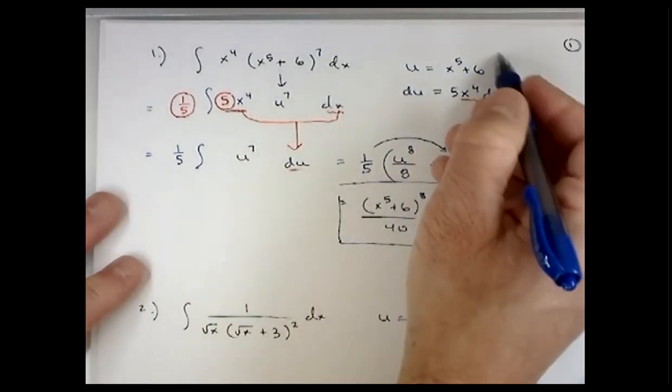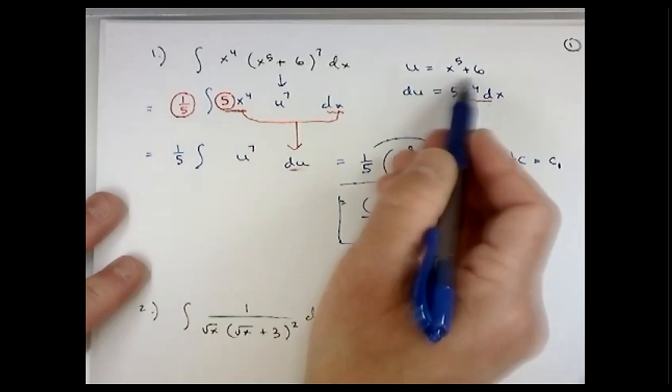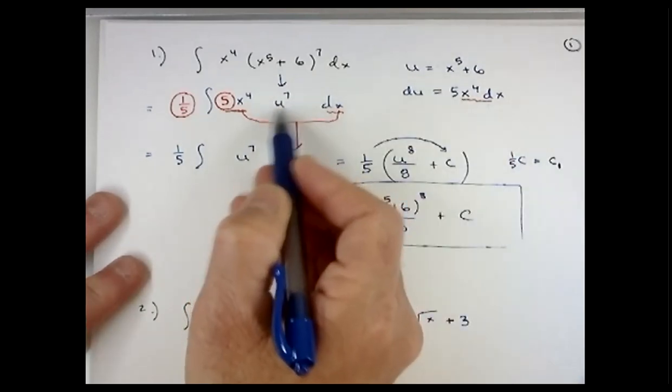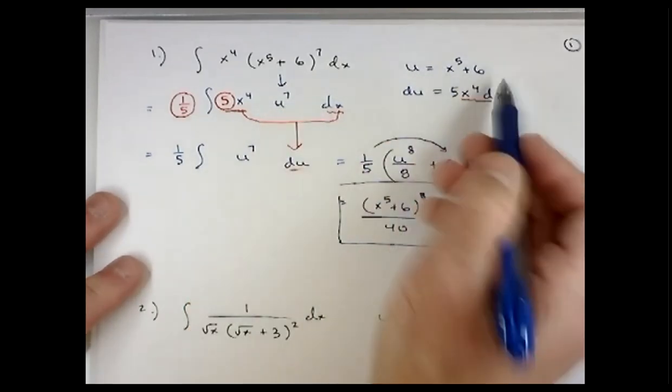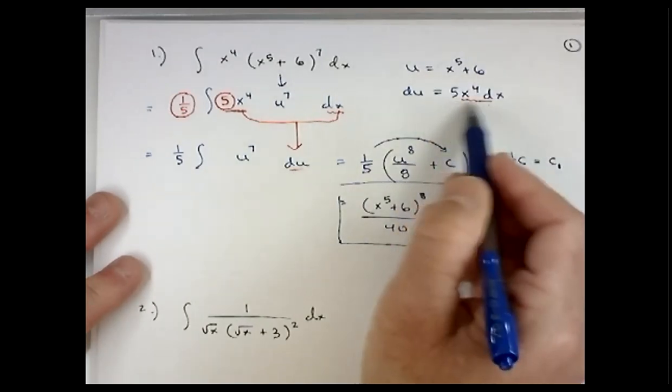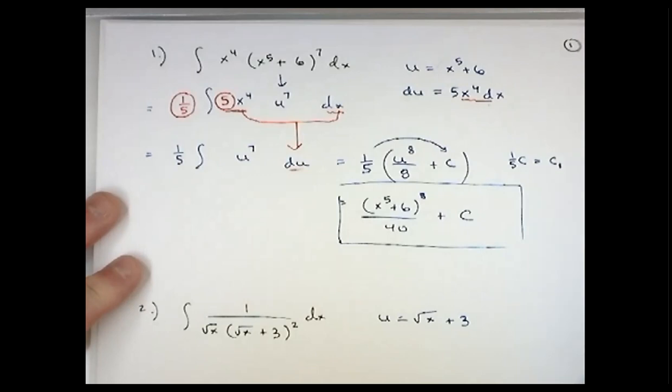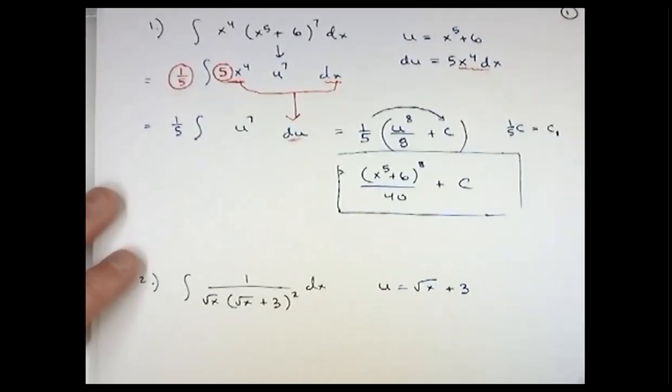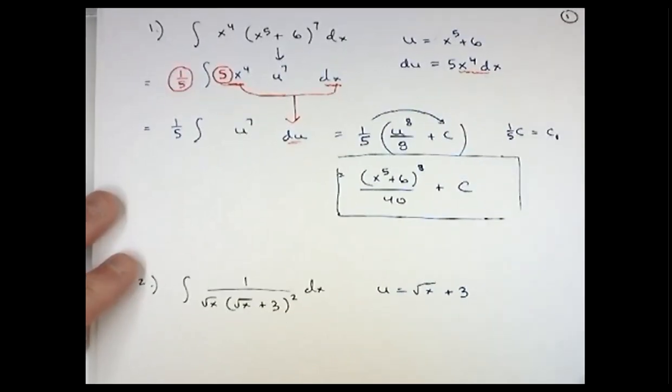I don't need to let it be the whole thing, because if I just take the inside, that's u to the 7th. I can integrate that, right? There's no need to take the power. The other thing it'll do is if you take the power, it's going to mess up your du. Your du would be much worse. So in this case, I'm just going to take root x plus 3.